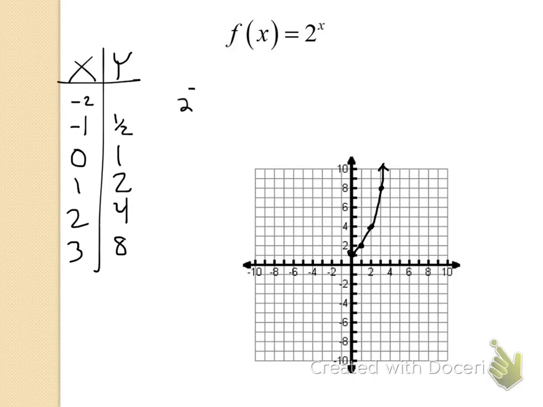It's 2 raised to the -2, which becomes 1 over 2 squared, which obviously becomes 1/4. What would 2 raised to the -3 be? 1/8, 1/16, 1/32. It's getting smaller and smaller and approaching what?